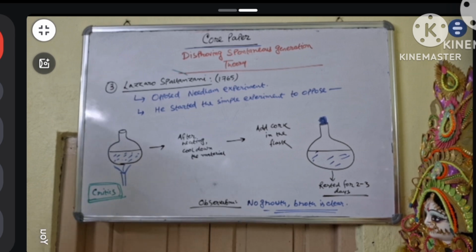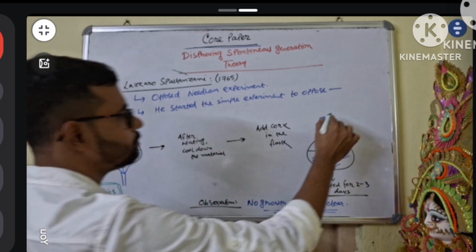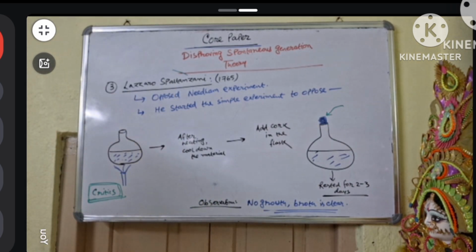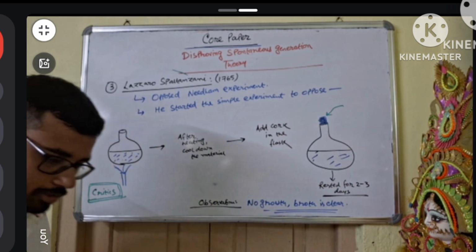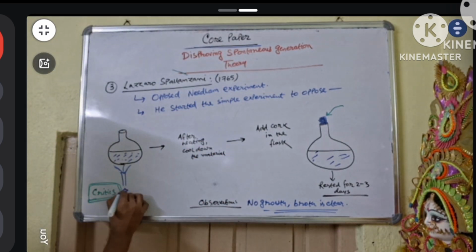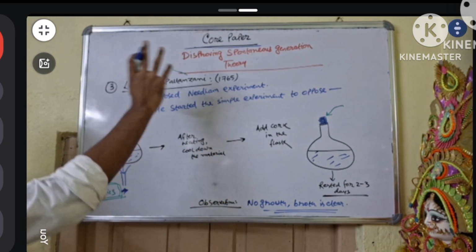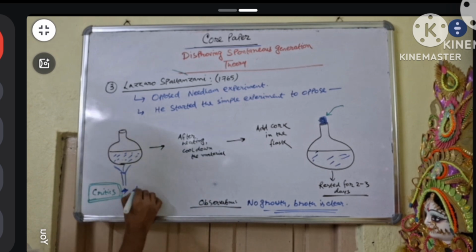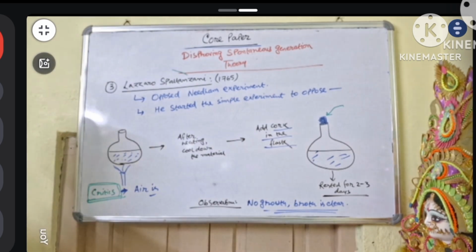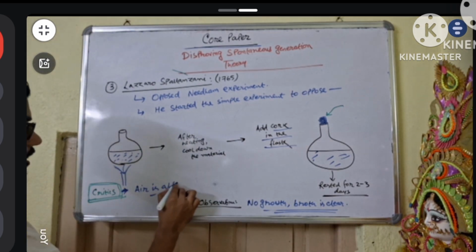Here also, the vital force is absent because he had the cork. So the critics' statement is the same as for Redi's experiment: air is absent when the cork is added into the flask. Air is absent, and air is the vital force.